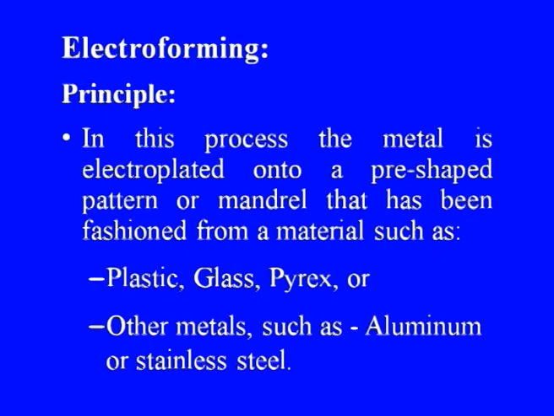So, the principle of this particular process goes like this. In this process, the metal is electroplated on a pre-shaped pattern or mandrel that has been fashioned from a material such as plastic, glass, pyrex or other metals such as aluminum or stainless steel.